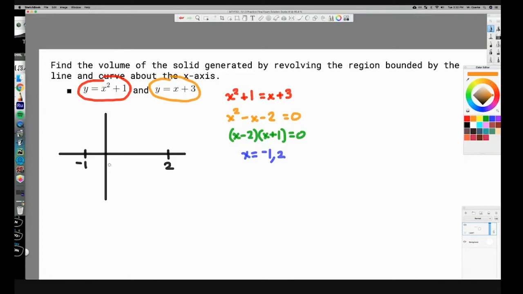They intersect at those two spots, and if you plug negative 1 into this one, it ends up being 2. If you plug negative 1 into this one, it also ends up being 2. So let's just say this is 2 right here. And then if you plug in 2, you get 5. Let's just say this is 5.